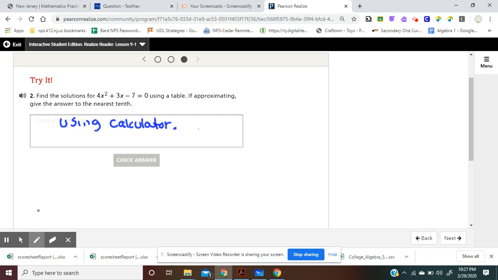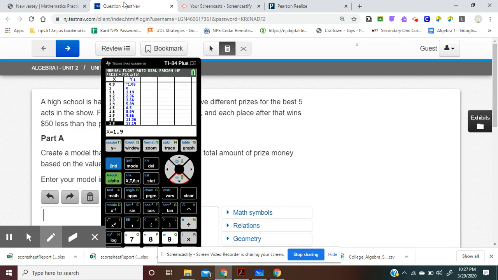So I'm just indicating that's how I found my solution. It's x equals 1 and x equals negative 1.7. And I'm just going to double check. I believe it was all negatives, right? I'm not going crazy. So yeah, I was in a negative.